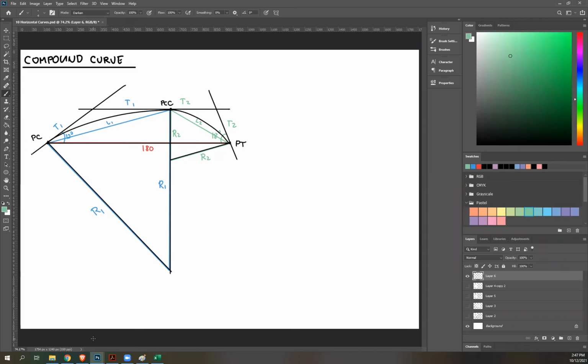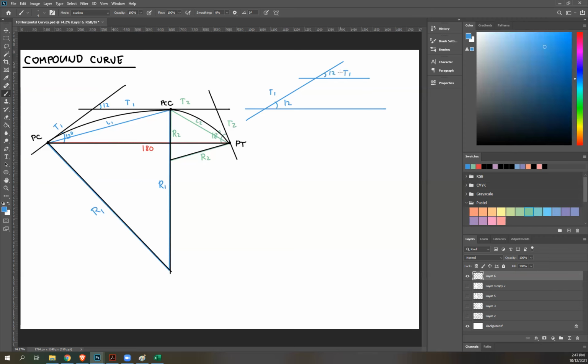Now, before I move on to that, let's observe this. We have what we call your parallel angles. Remember, these two are parallel lines, and they are intersected by the same diagonal line. Therefore, the angles between them should be equal. So that means this is 12, right? This is your long chord. This is your tangent 1, T1. If this is 12, this should also be 12.